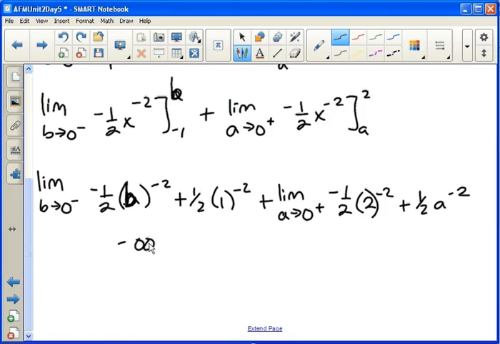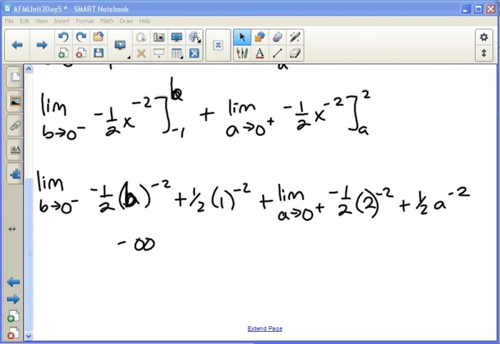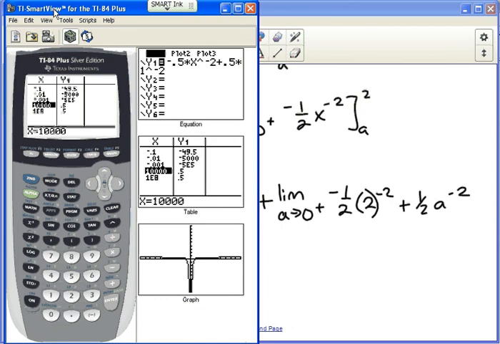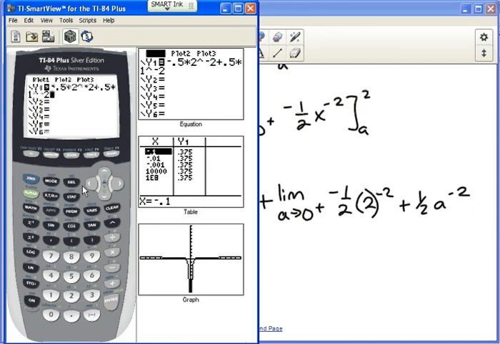Let's see, here we go. I'll just pull this over here. This time it's -1/2 times 2 to the -2 plus 1/2 times a to the -2. Okay, that's it.